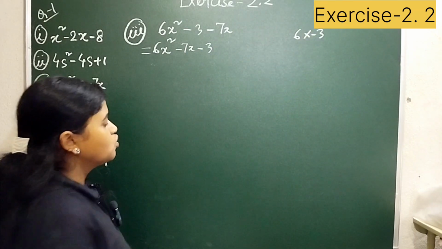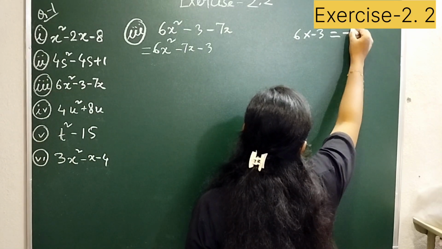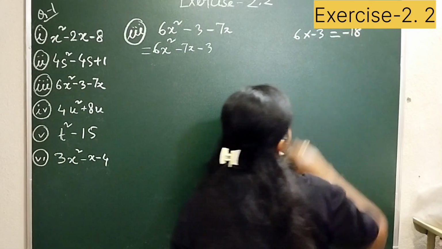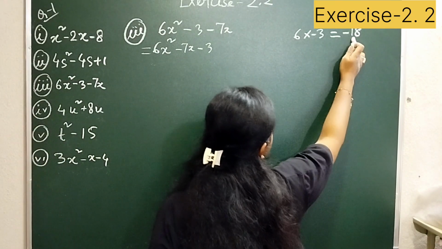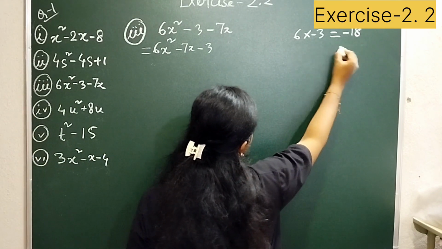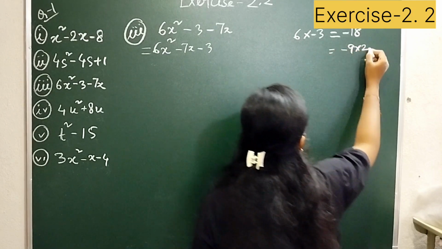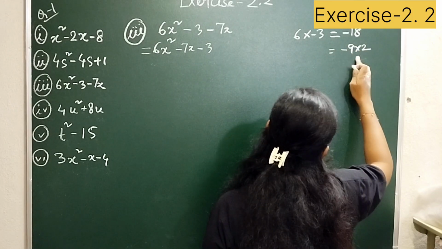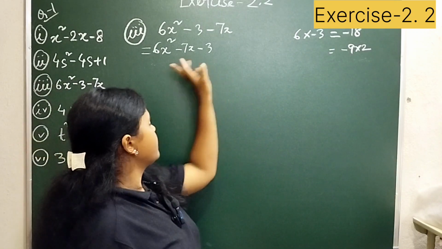By these two, the product is minus 18, and by this minus 18 we have to adjust minus 7. So minus 18 can be written as minus 9 into 2. If we add minus 9 and 2, we will get minus 7.